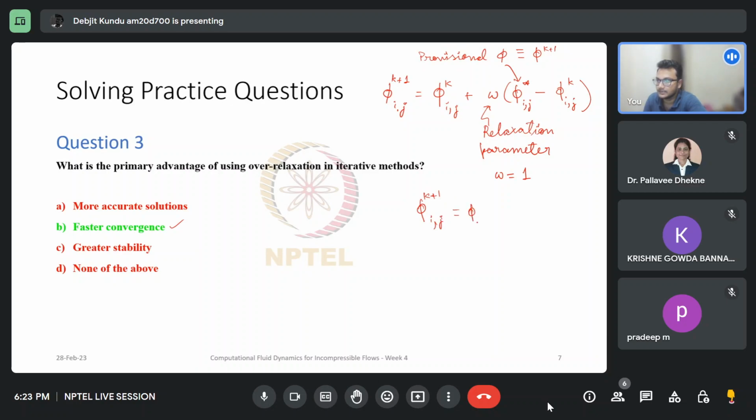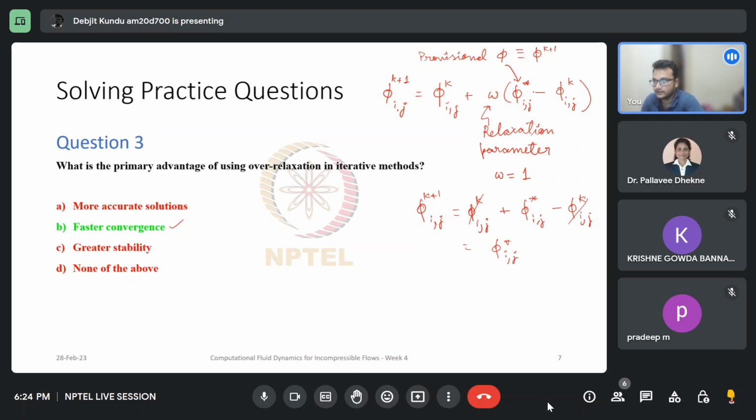This basically means this, right? So this one and this one would cancel out and it would simply give us this provisional value, which is true in cases where the relaxation parameter is equal to 1.